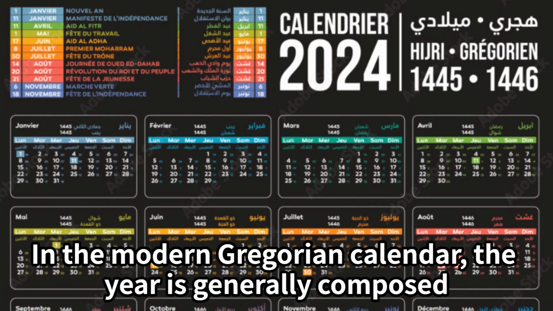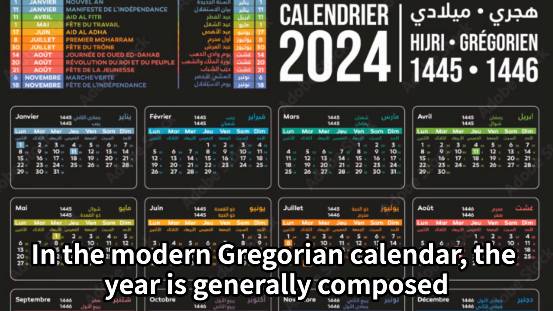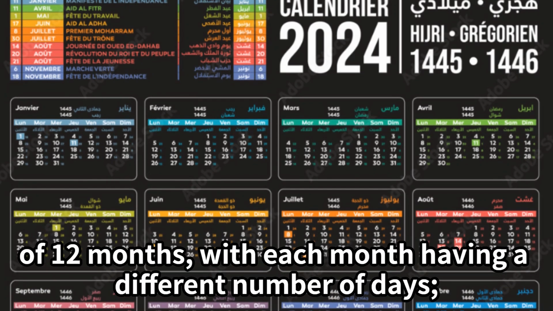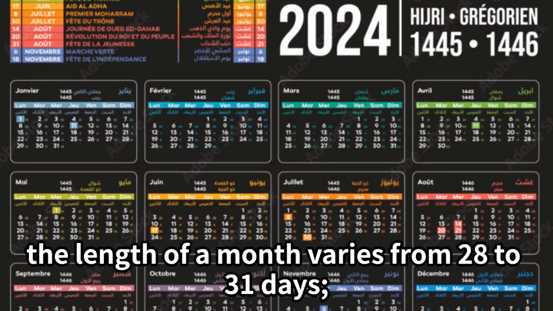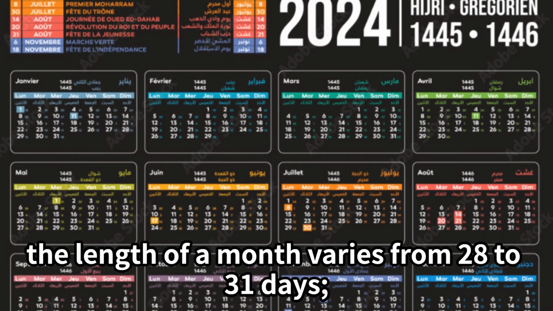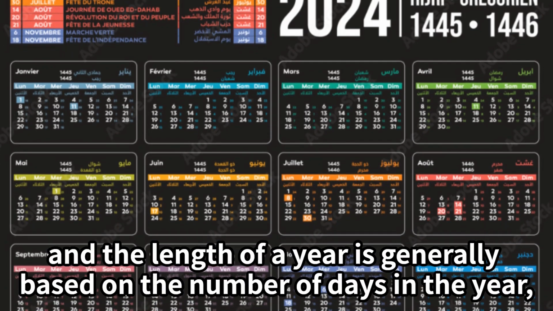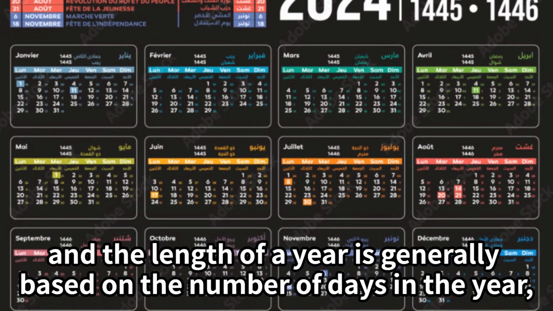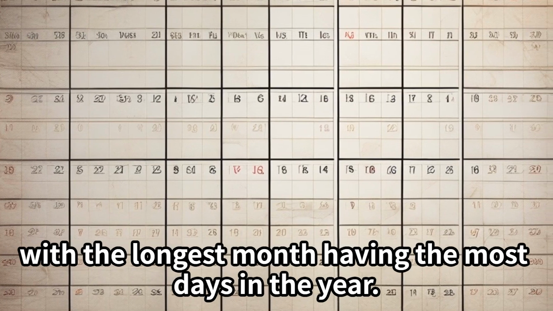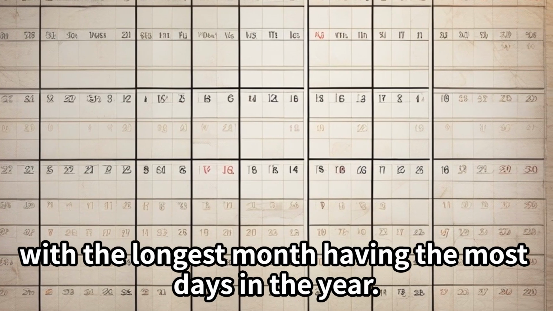In the modern Gregorian calendar, the year is generally composed of 12 months, with each month having a different number of days. The length of a month varies from 28 to 31 days, and the length of a year is generally based on the number of days in the year, with the longest month having the most days in the year.